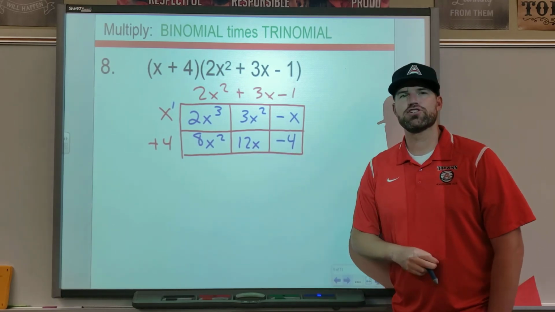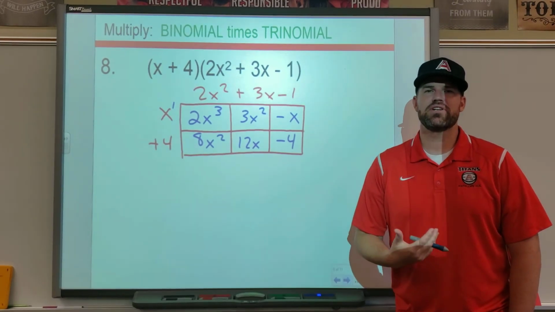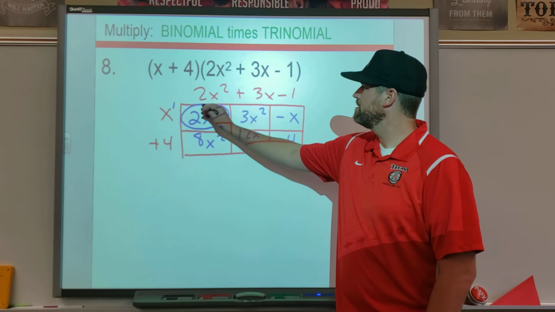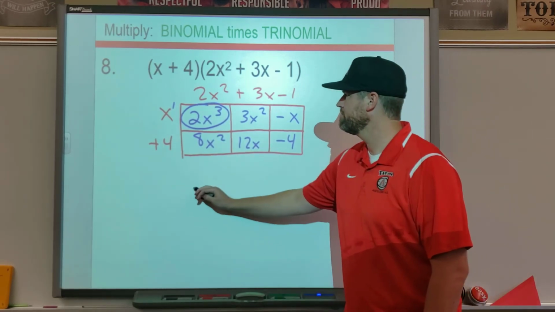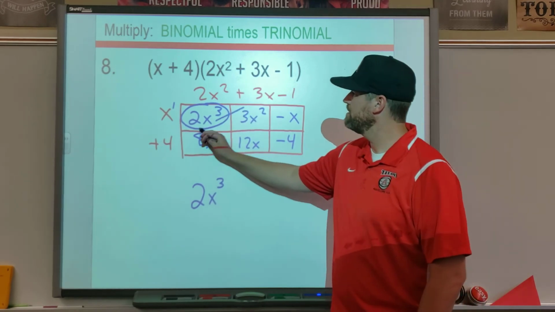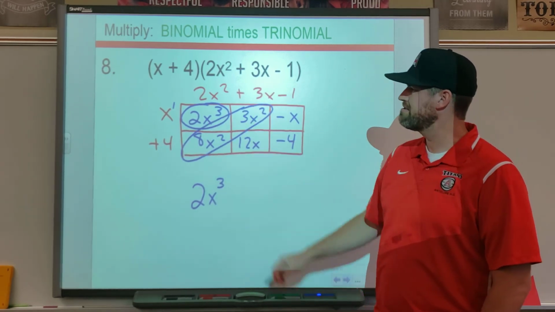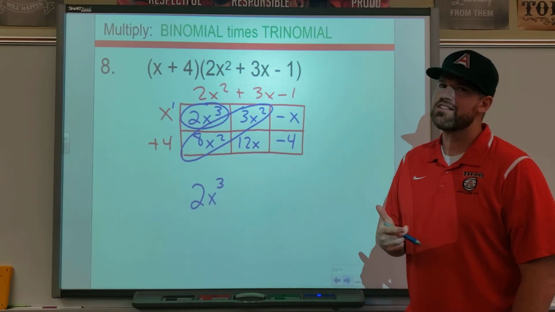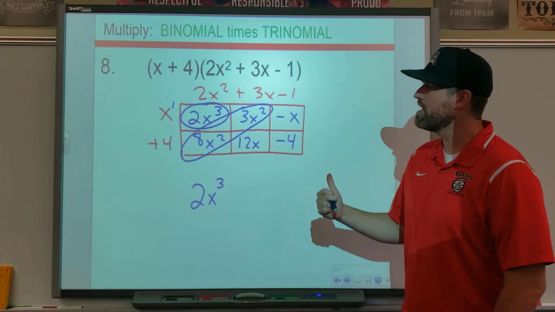So we got all of our terms. Now we just need to combine like terms. We start with our largest exponent, which does not have a like term. I just put it down here by itself. But we do have like terms with the x squareds. So how many x squareds is that? Right? It's not 24. We're not going to multiply anymore. We already multiplied.